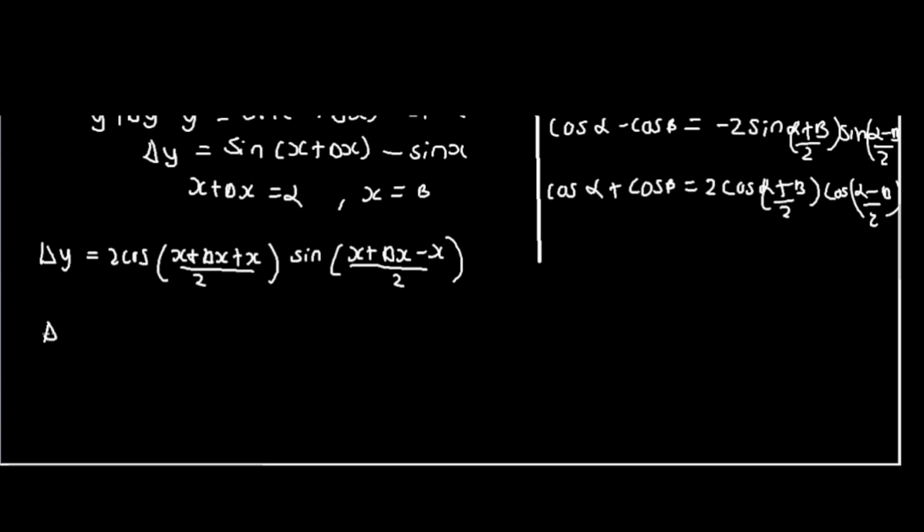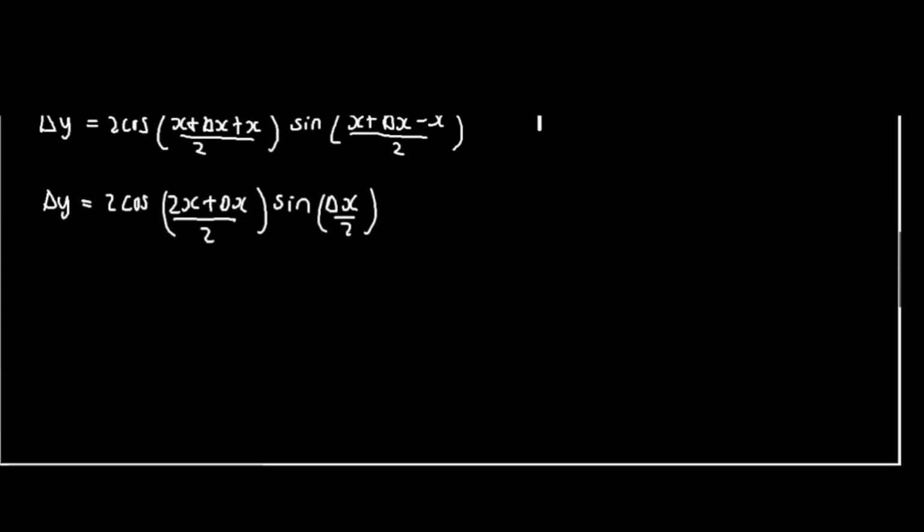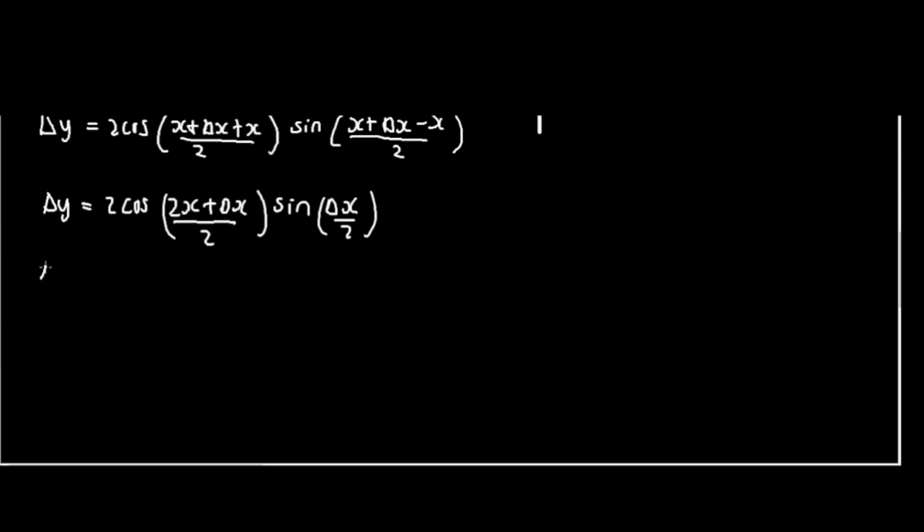So we shall have change in y equal to 2 cos of 2x plus change in x over 2, then sine of change in x divided by 2. At this step, we can divide through by the change in x to have change in y over change in x being equal to 2 cos.